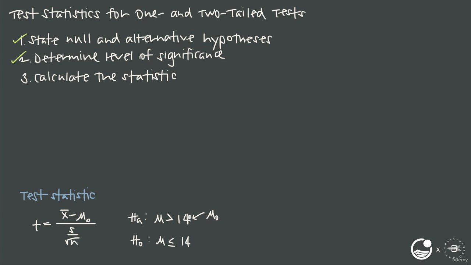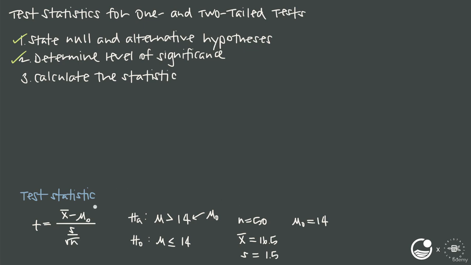Let's say that we pull from our warehouse a simple random sample of 50 orders, and we calculate a sample mean of, we'll say, 16.5 hours. We already said that our hypothesized value was 14. And let's say we also calculated a sample standard deviation of 1.5 hours.